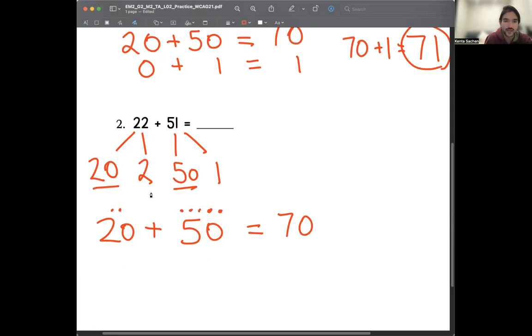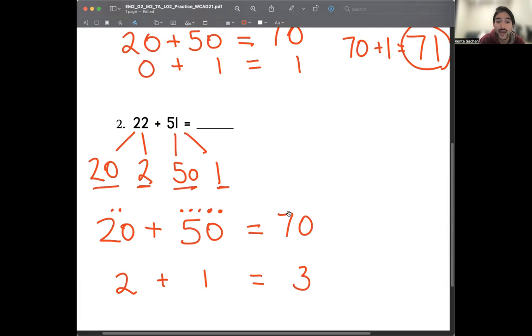Great. Now we're going to add our 1 numbers, 2 plus 1. And what is 2 plus 1? Yeah, it's 3. Are we done? Am I done with my problem? No, not yet, right?